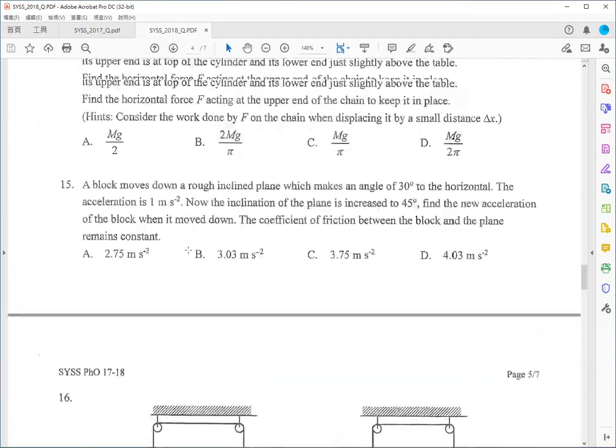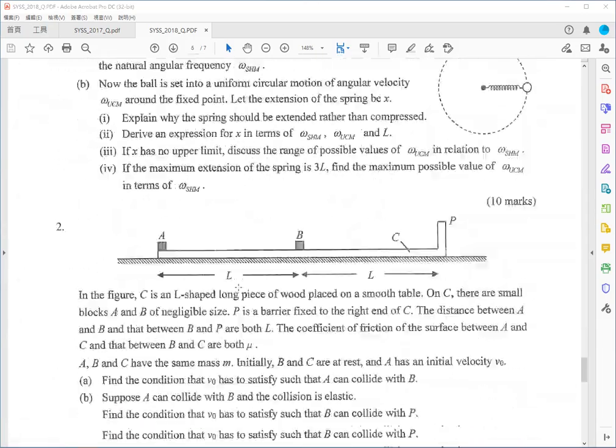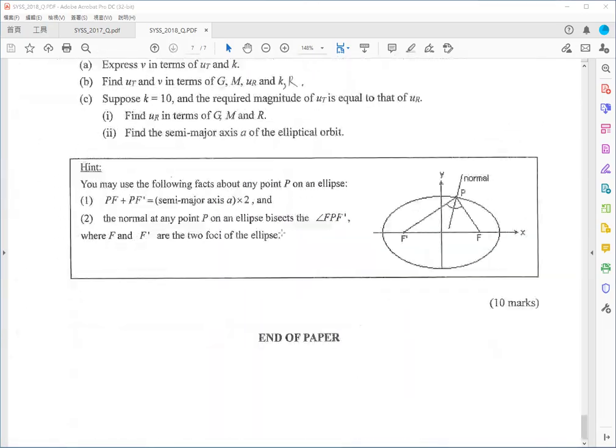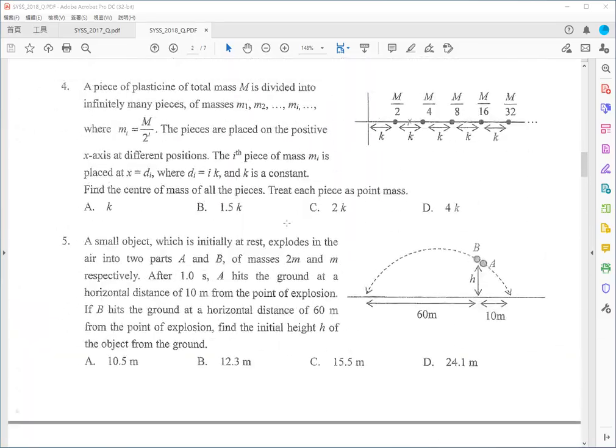We are not aiming to get full marks. We're just aiming to get 50%. So let's have a look at the question. No, then I think there's no question about the moment in this one.